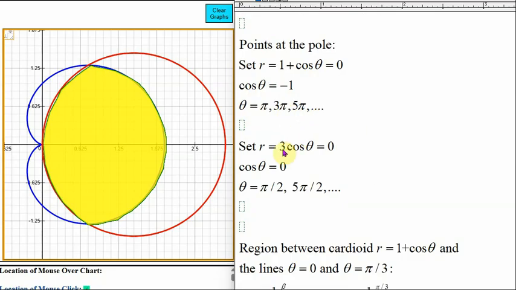Setting 3 cosine of theta equal to 0, we get cosine of theta equal to 0. We know that cosine of pi over 2 is 0, 5 pi over 2 is 0, and cosine of 3 pi over 2 is also 0.